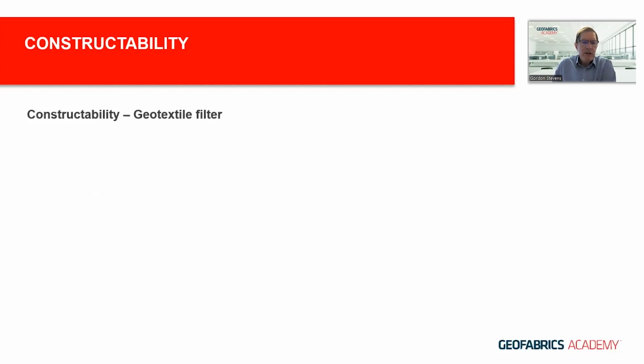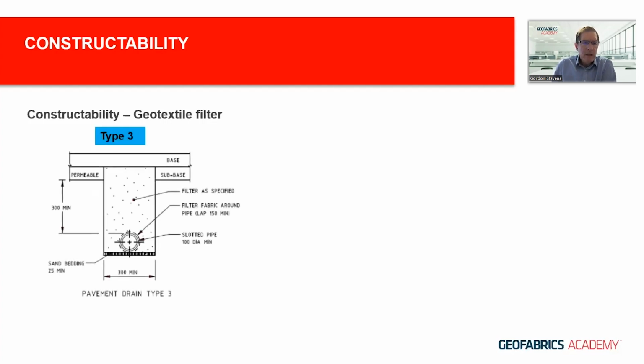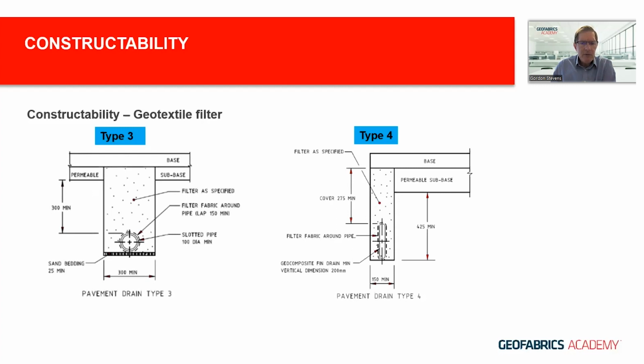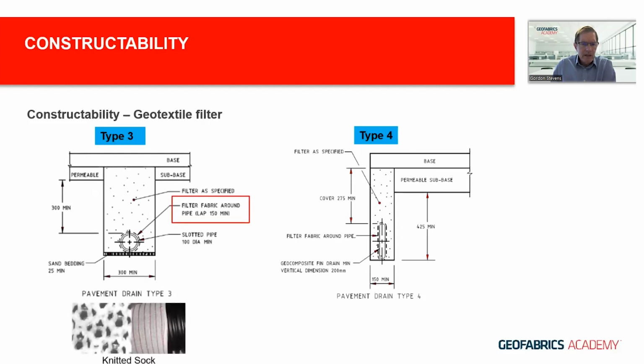Next consideration is the geotextile filter. So looking at pavement drain type 3, which has got a filter fabric around the outside, we'll compare that to drain 4 with the Megaflo. Here, a lot of the round pipes come with a knitted sock. It should be noted that because of the large opening size of the knitted sock, somewhere around 600 microns, there's no real filtration ability.